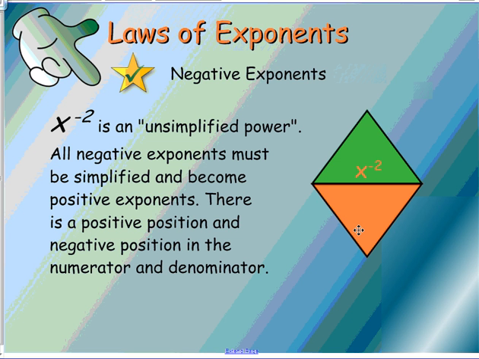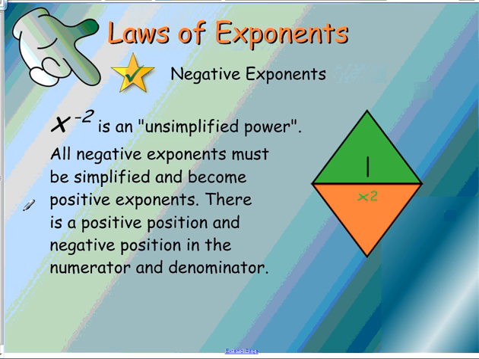What on earth does that mean? Well, here's how it goes. For example, I have x to the power of negative 2. What I need to do is put that down into my denominator and change my exponent to a positive, and put that fraction over 1.